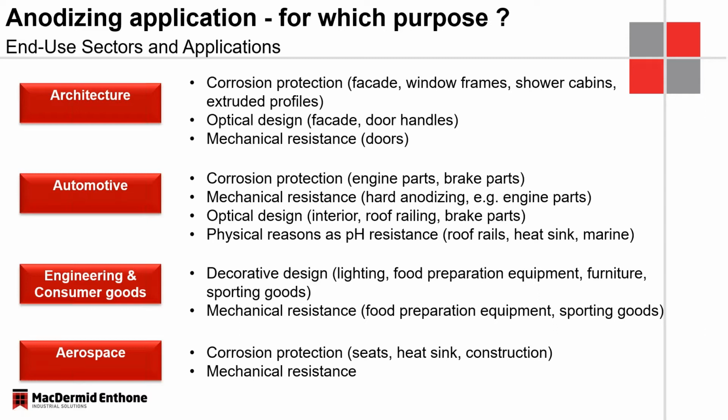A little bit about the application for aluminum substrates, and I think most people are very familiar with the market segments here. Architectural is by volume the biggest market for aluminum and aluminum treatments. These aluminum components go into curtain walls, shower frames, window frames, door frames, a lot of extruded profiles.